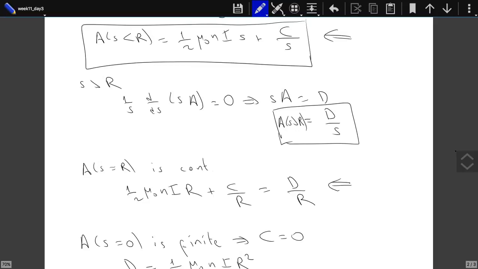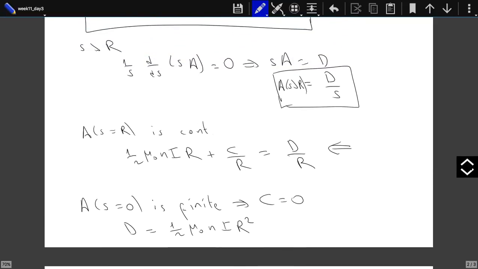These two should be equal to each other. So C is 0, forget this term. So these two terms should be equal, and hence D should be equal to 1 over 2 mu 0 n I times R squared. So that tells me what D should be.